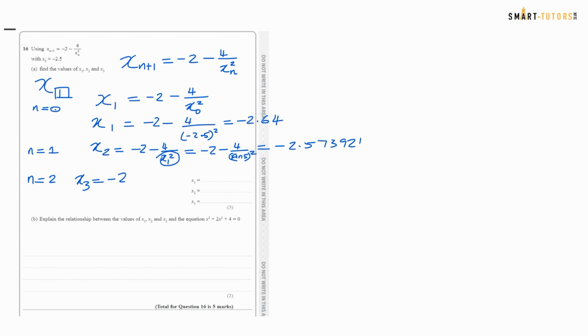Then the third one, put n equals 2, so x3, same iterative process: minus 2 minus 4 over x2 squared, and x2 is the previous answer. So minus 2 minus 4 over answer squared.